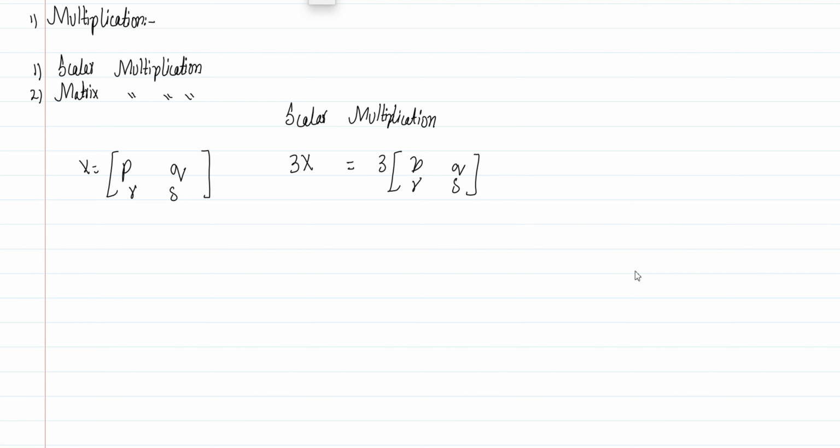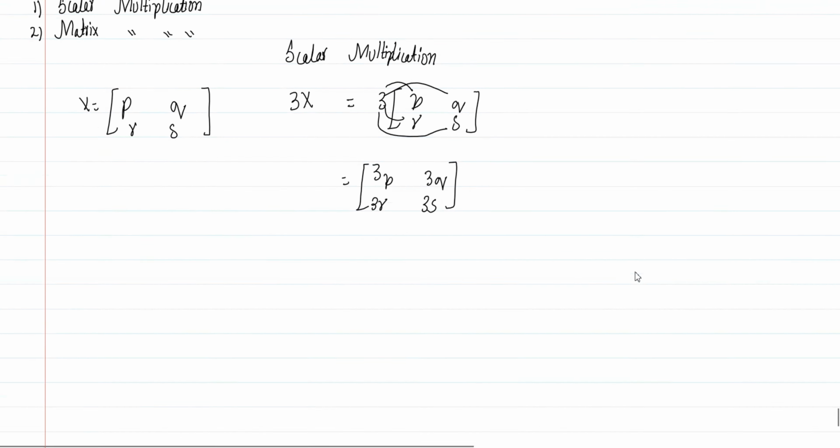This 3 is multiplied with each of the matrix variables or numbers. So 3 times p is 3p, 3 times q is 3q, 3 times r is 3r, 3 times s is 3s. This sort of multiplication is considered a scalar multiplication.